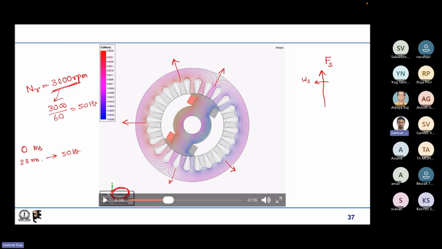Now the rotor, if we inject some DC current into the rotor and rotate the rotor at 3000 rpm, then we create another magnetic field Fr that is not rotating because of alternation of current, but because the rotor itself is rotating and the coils are also rotating with it.